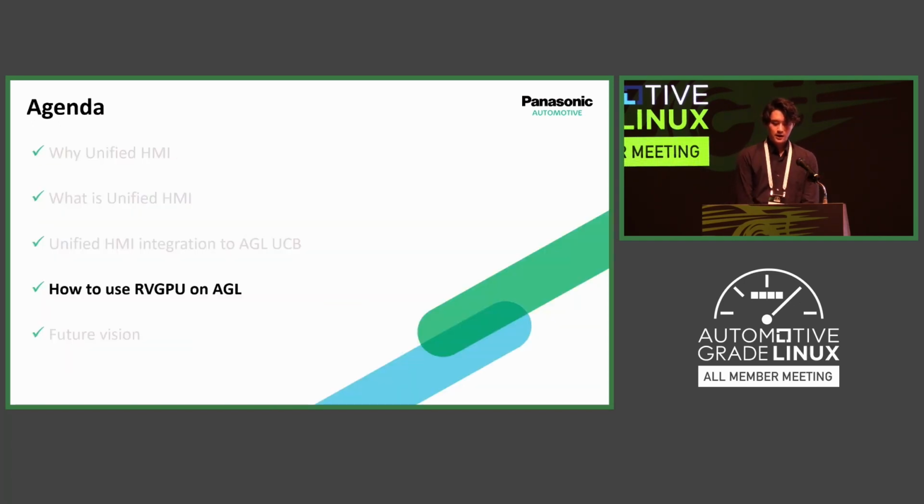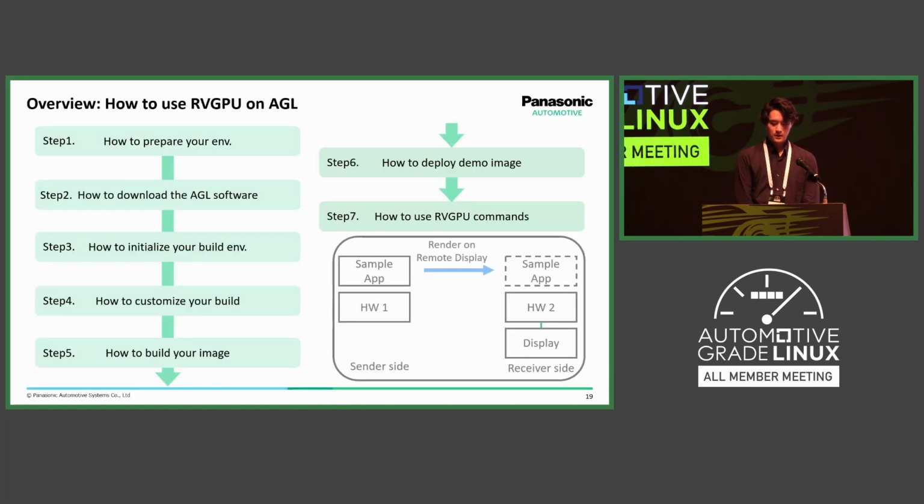In the next section, I will explain how to use the committed RVGPU features on AGL. Running RVGPU on AGL can be implemented in a total of 7 steps. Those steps range from preparing your environment to rendering applications remotely.